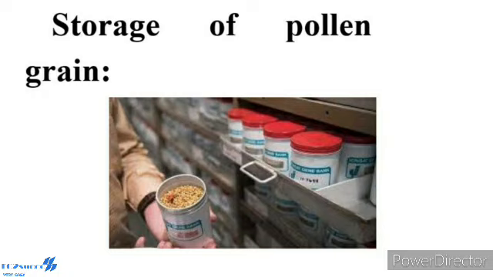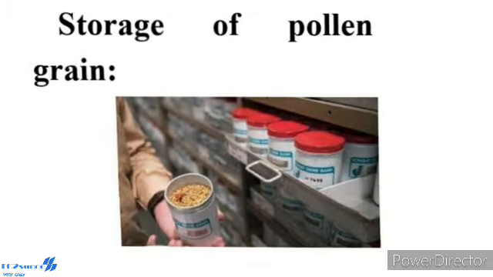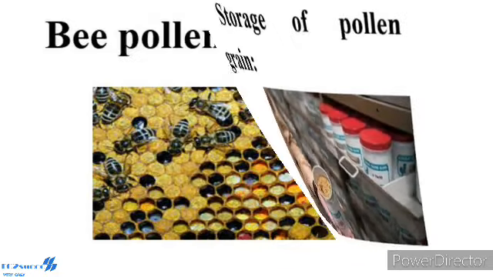Liquid nitrogen at minus 196 degrees Celsius is used to preserve pollen in viable condition for a prolonged duration. This technique is called cryopreservation and is used to store pollen grains, that is called a pollen bank, of economically important crops for breeding programs.